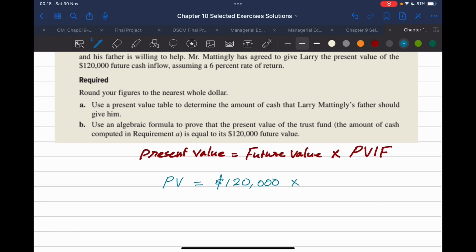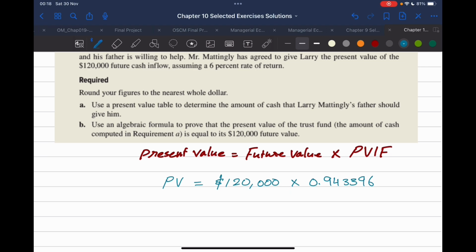So that would be here multiplied by 0.943396. Okay. And now all you need to do is just run the numbers on your calculator, and you should get the present value.